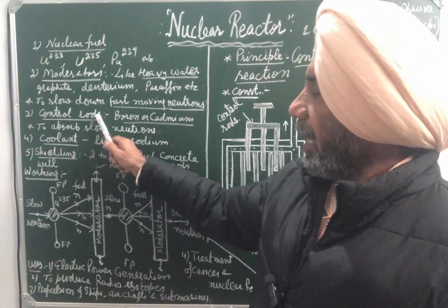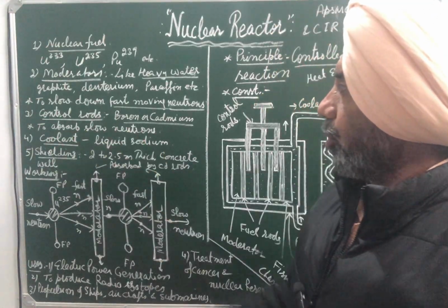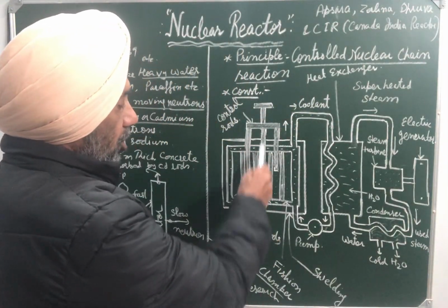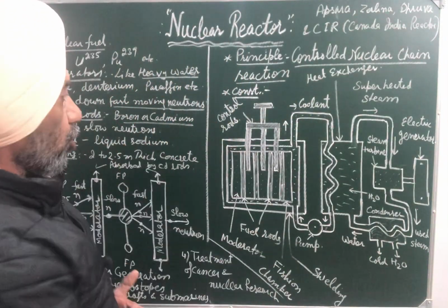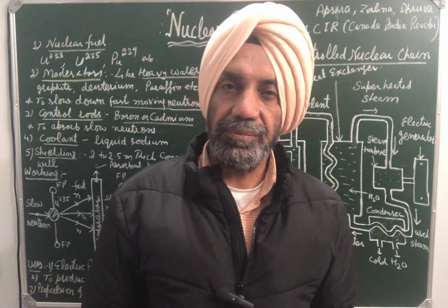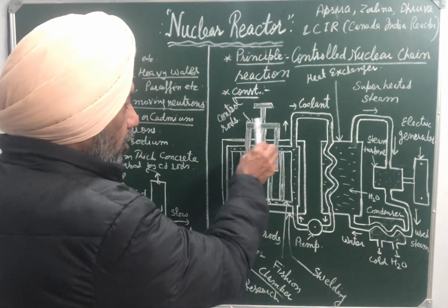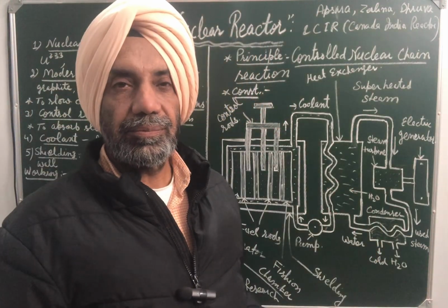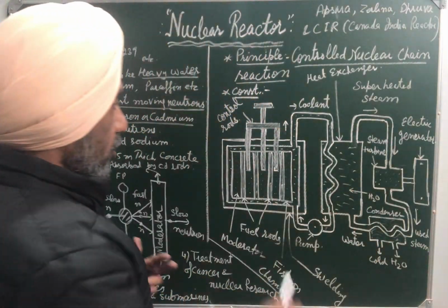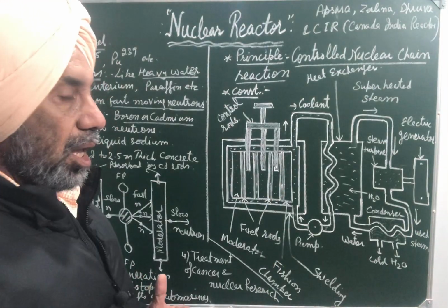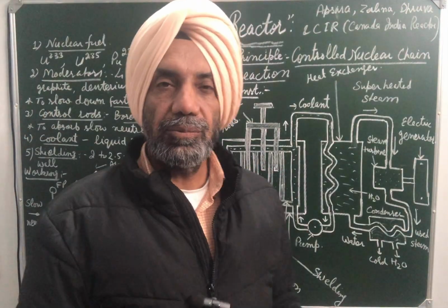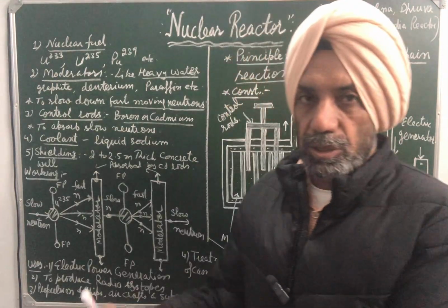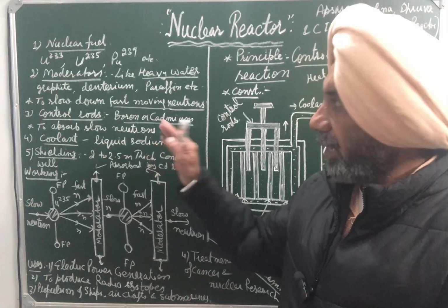Then we have control rods, made up of boron or cadmium. The purpose of these control rods is to control the nuclear reaction. They are used to absorb slow neutrons, which are slowed down by the moderators.